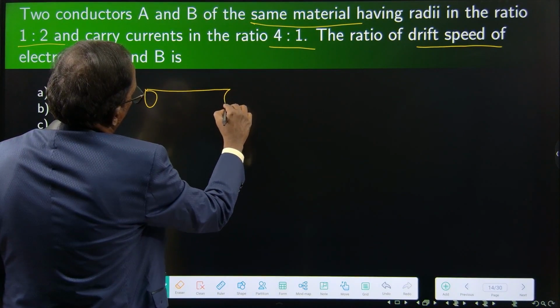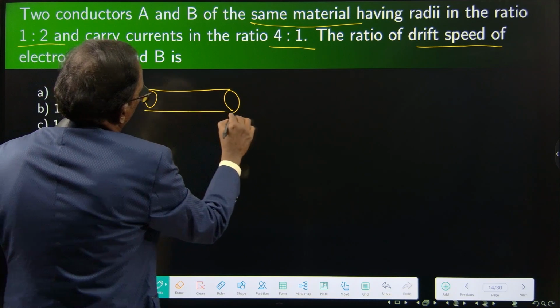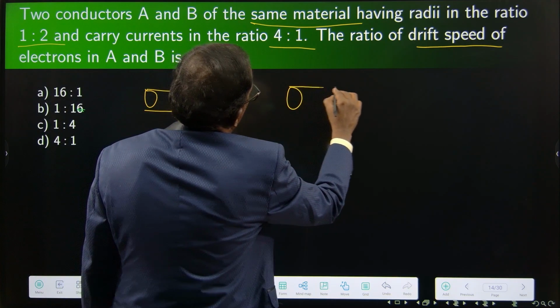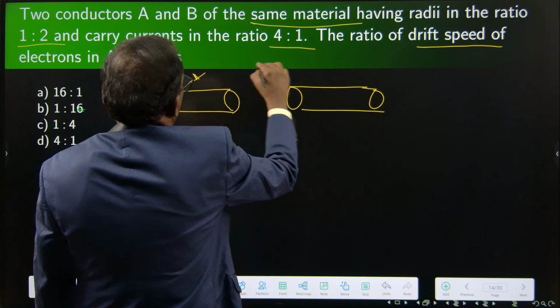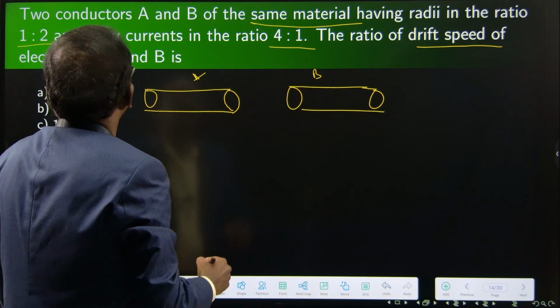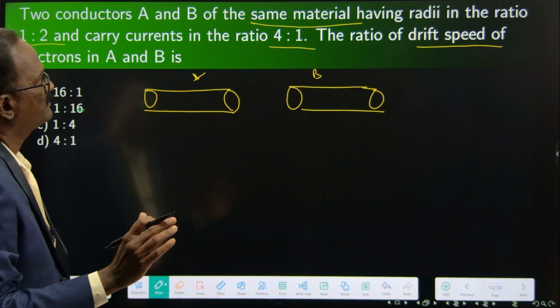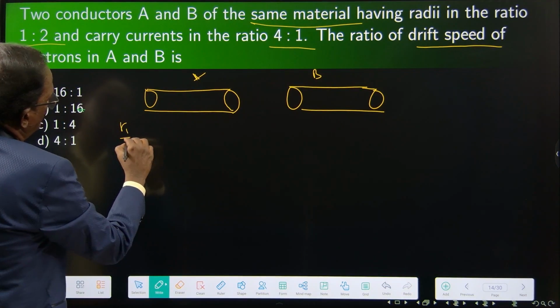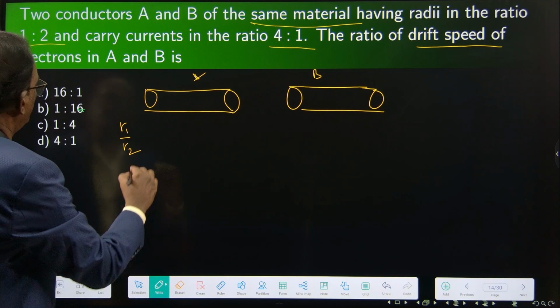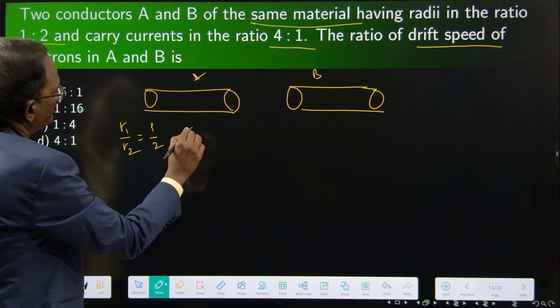Two conductors A and B, same material, having radii R1 by R2 equal to 1:2.